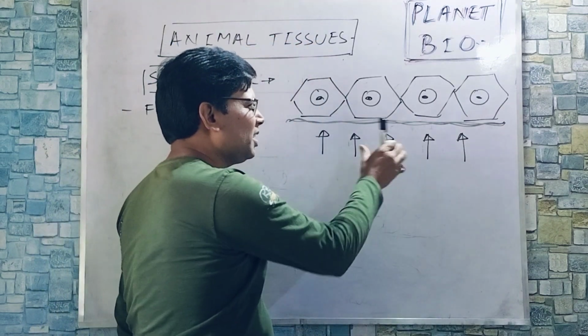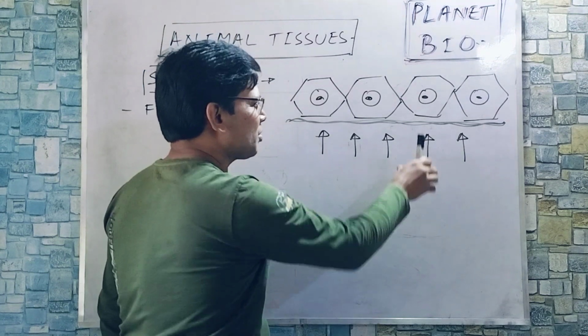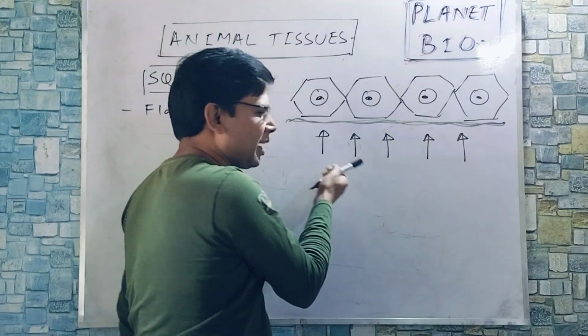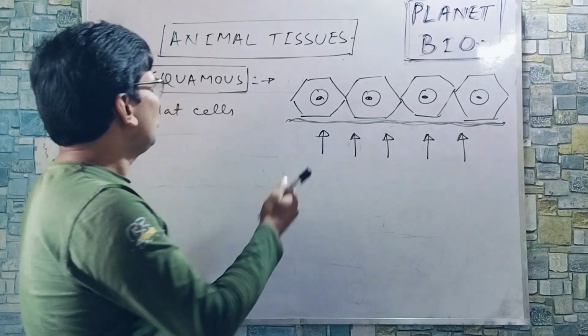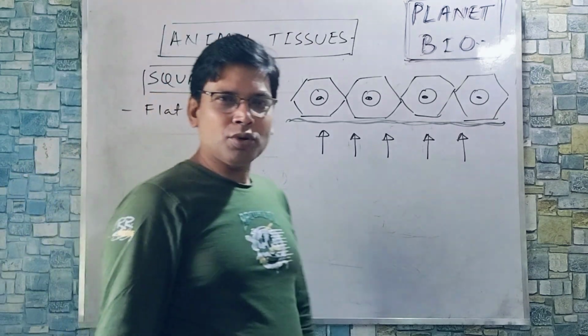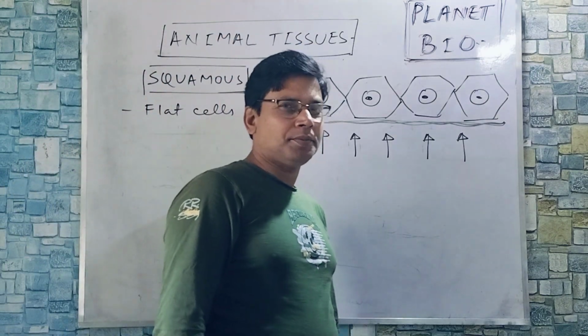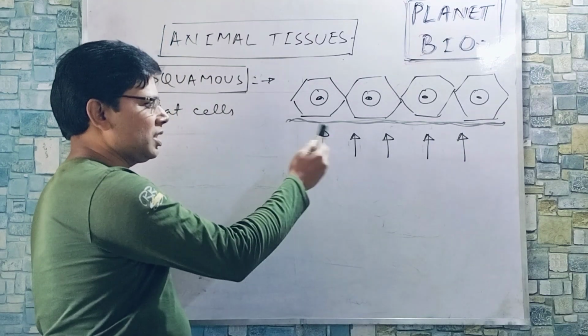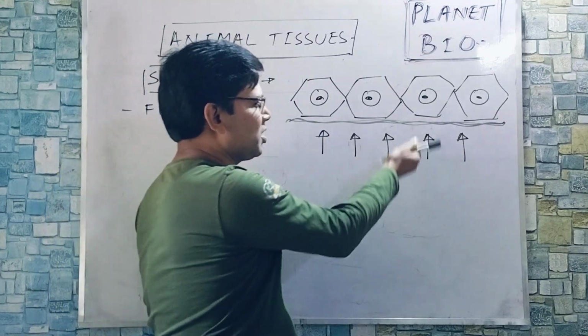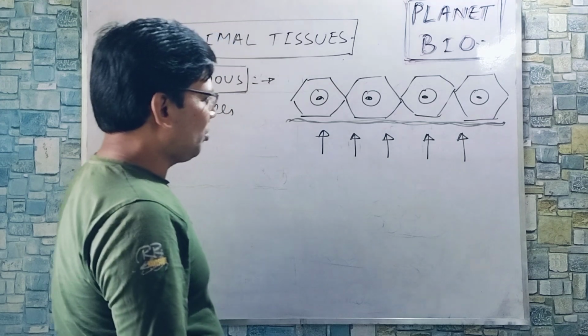Blood is not getting entry, but nourishing substances are being provided by the underlying tissues. So, epithelial tissues are supposed to be avascular or non-vascular, but the nourishing materials, molecules reach through diffusion from underlying tissues.